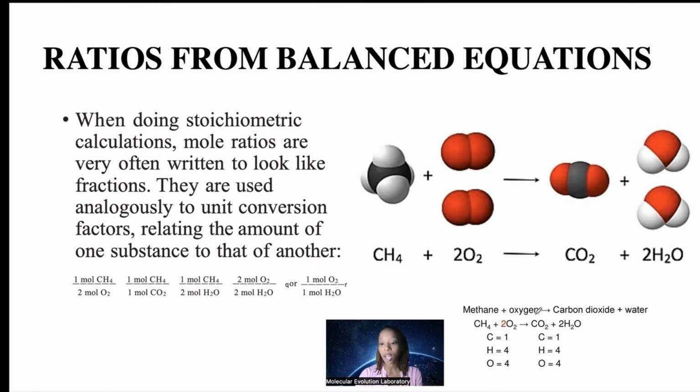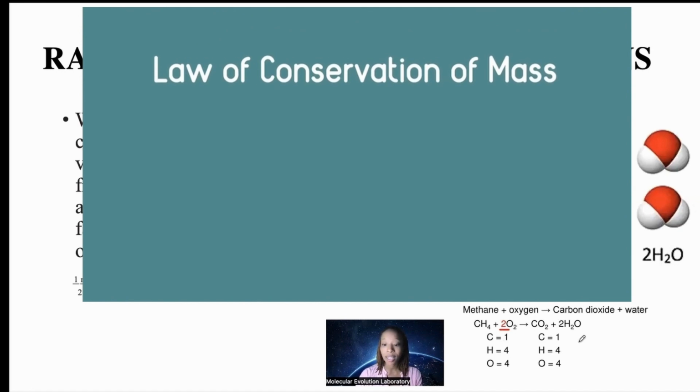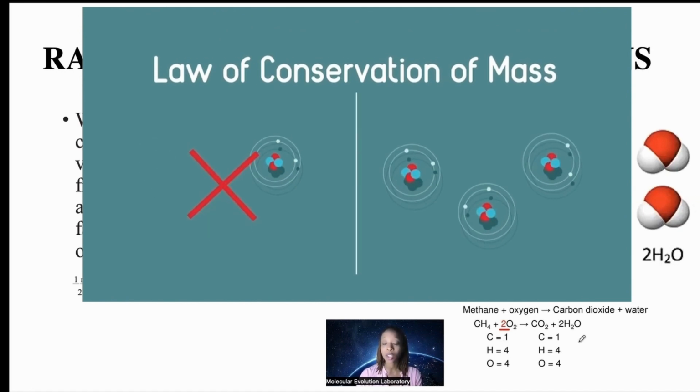So methane plus oxygen gives you carbon dioxide and water. And to balance the equation here, they inserted a coefficient of 2 on this side, to have both sides with the same atoms. Because from our last lecture, we'll remember that in a chemical reaction, the law of conservation states that matter cannot be created or destroyed.